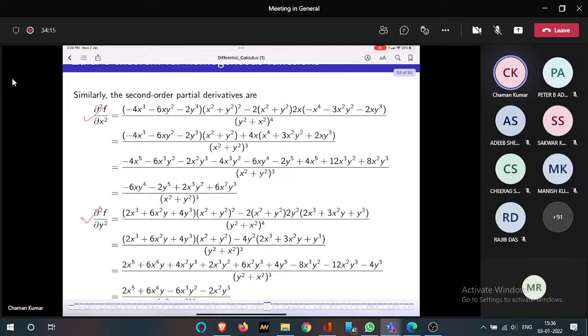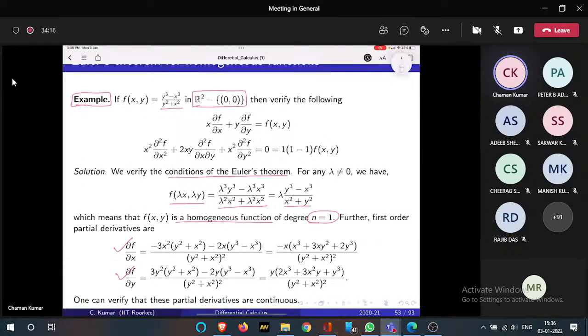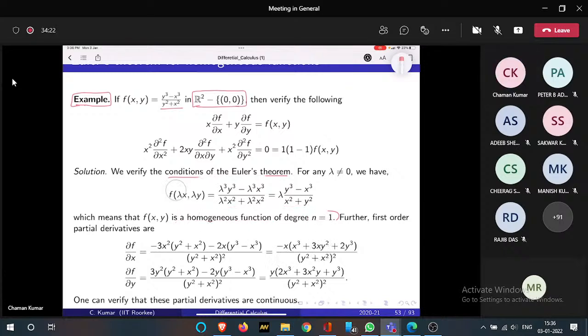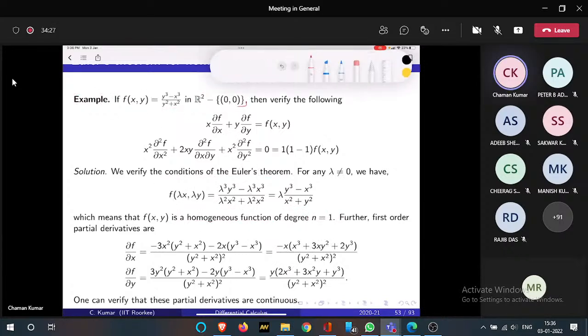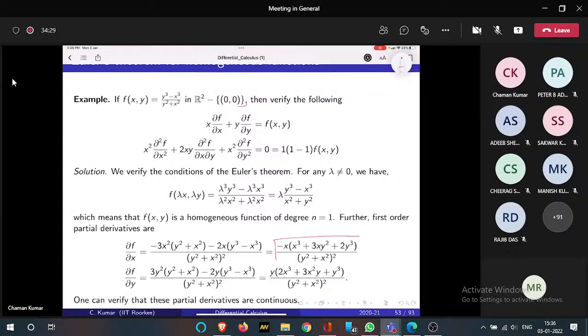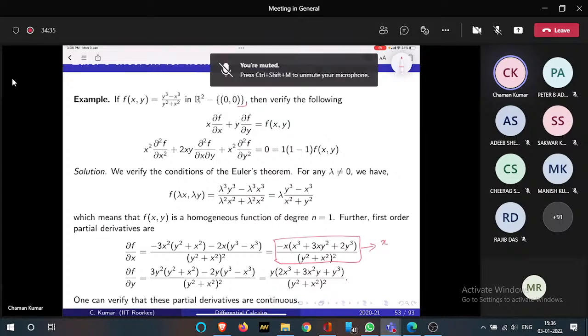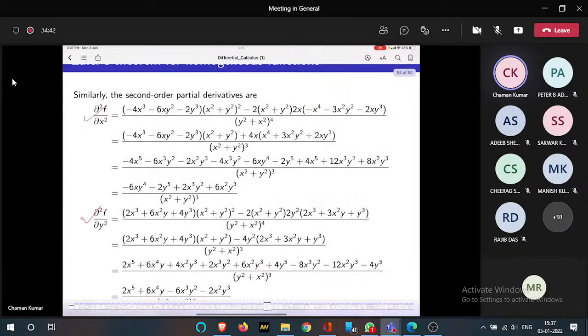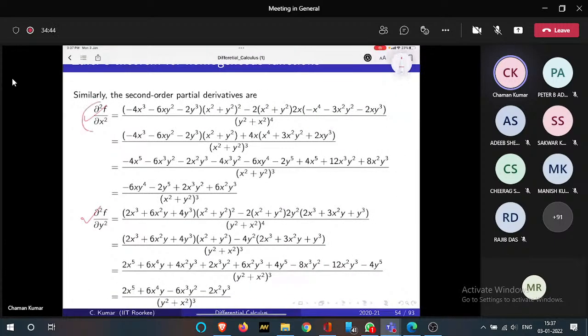Once you have the first order partial derivatives, this is the partial derivative with respect to x, you can differentiate this function again with respect to the variable x by treating y as constant. Okay, when you do this, you get this second order partial derivative with respect to x.